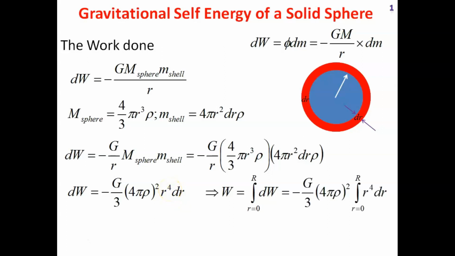If we substitute the value of dW, we can obtain that W is equal to minus G by 3 into 4 pi rho whole square integration r to the power 4 dr.